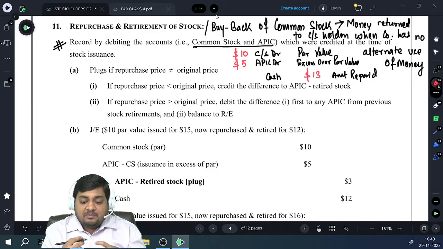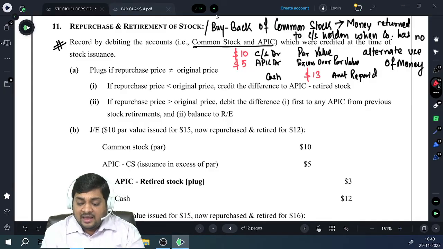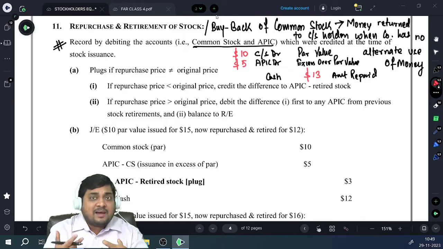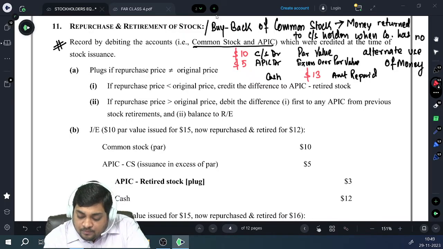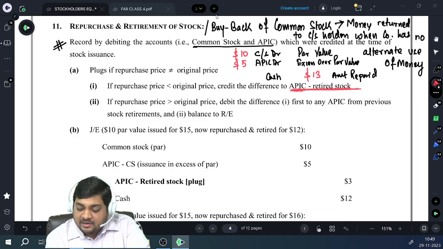So if my repurchase price is less than the original issue price, then the difference will be a gain, right? Initially I collected 15, now I am repaying back 13, so it is showing me a gain. So this gain will go to additional paid in capital retired stock, right?